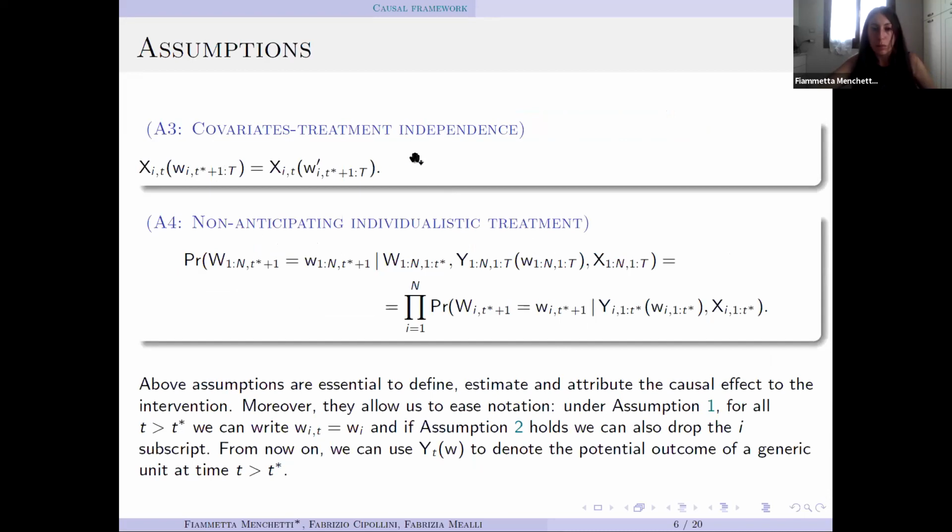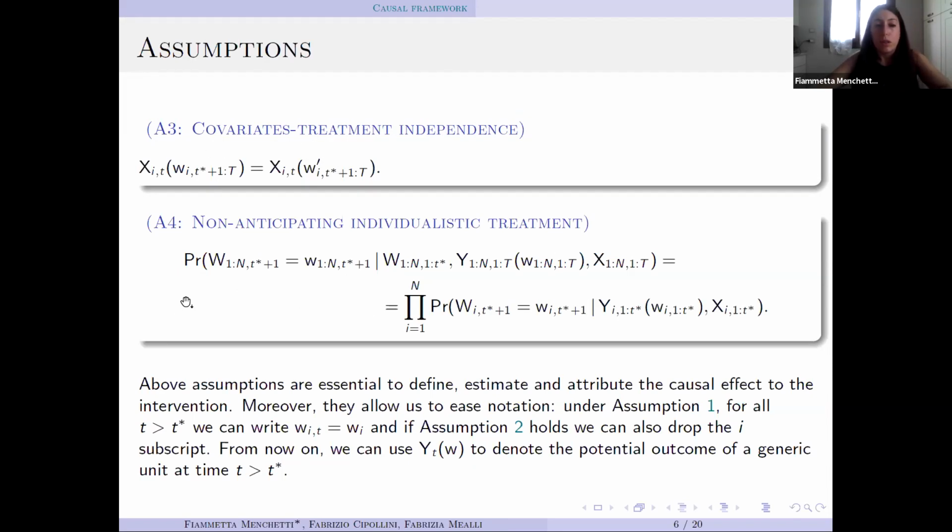The other two important assumptions are the following. First, the covariate-treatment independence assumption. We included covariates in our model, as you will see in a couple of slides, to improve the prediction accuracy of the counterfactual outcome in the absence of intervention. But in order to do so, it's important that these covariates are not influenced by the treatment in the post-intervention period.